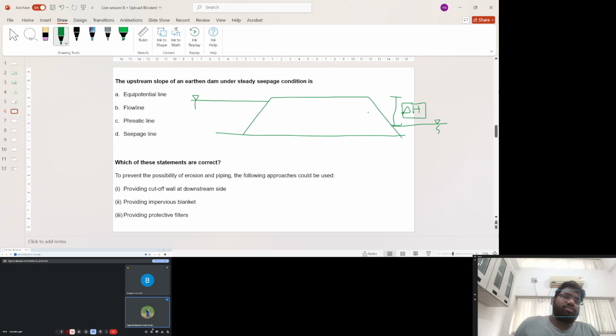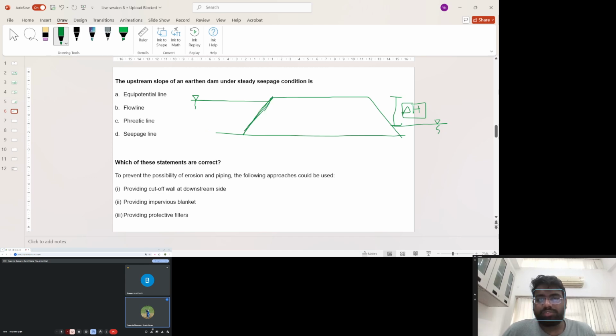That means the entire flow and discharge will be maintained constant, since there is no change in head difference, right? Now what they are asking is the upstream slope of an earthen dam under steady seepage condition. So this is the upstream slope, right?